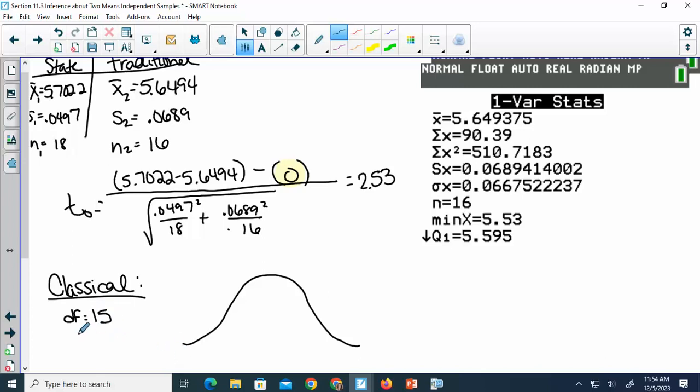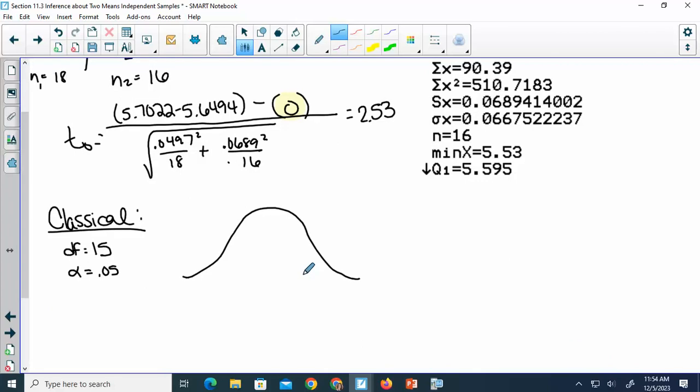And it told us in the problem that our alpha was 0.05. So if you go to your T distribution, the 0.05, 15 degrees of freedom, that means the critical value is 1.753.